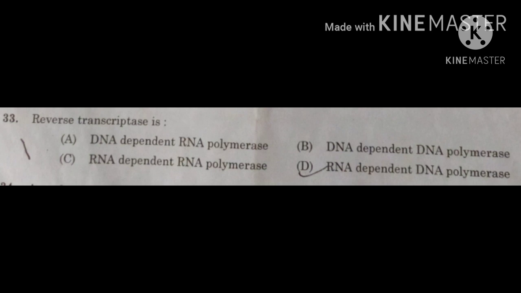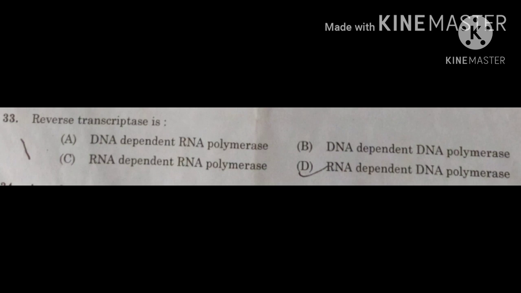In transcription, RNA is synthesized from DNA. Then what do you mean by reverse transcription? The process of synthesis of DNA from RNA is known as reverse transcription. It is just the reverse of transcription. So in reverse transcription, DNA is synthesized from RNA. DNA is synthesized by looking at RNA, isn't it?